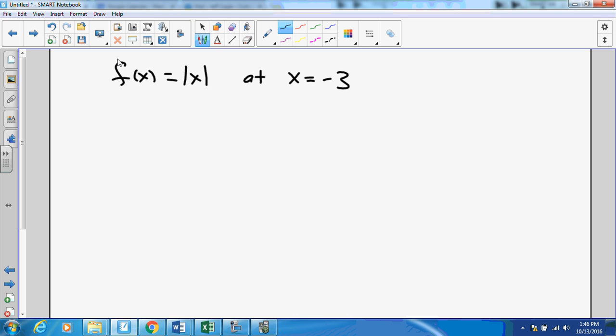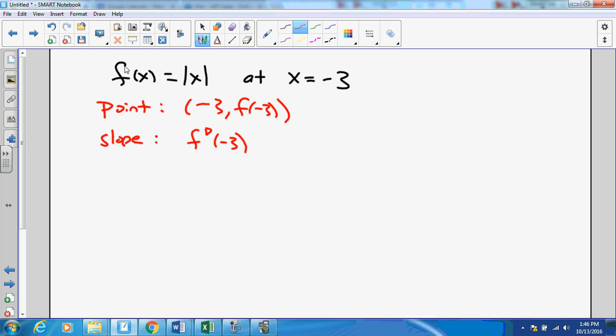So we expect that the evaluation step is going to be different. But the setup, the difference quotient, and the substitution will work exactly the same. We're going to first say that we need a point and a slope for our tangent line. And our point is going to be negative 3, f of negative 3.